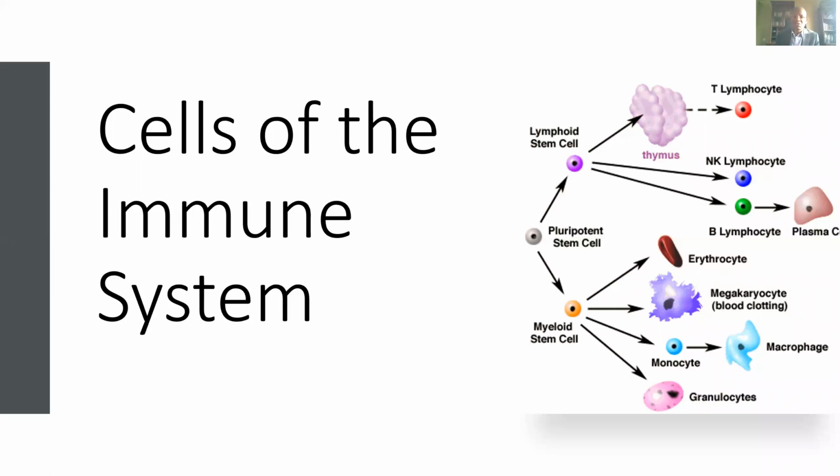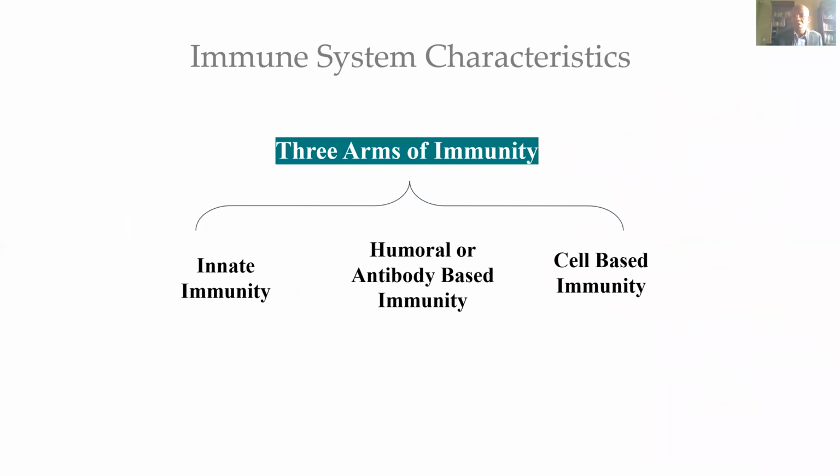And the two pathways which you have to remember are the lymphoid stem cells, which lead to T lymphocytes, natural killer cells, and innate lymphoid cells. Now, within the myeloid, the erythrocytes, macrophages, monocytes, basophils, eosinophils, and platelets are important for you to know.